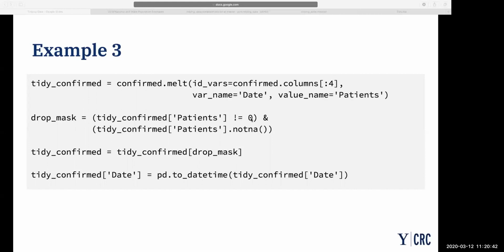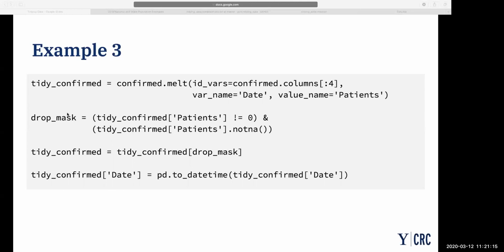So this will return true for all rows where patients is not equal to 0. But then I also want to combine that logically with all the rows that are not NA. This data is not perfect. There's always new data being thrown in, and so sometimes there's a 0 there, and sometimes there's actually an empty cell. And so I just want to toss both of those cases at the same time.